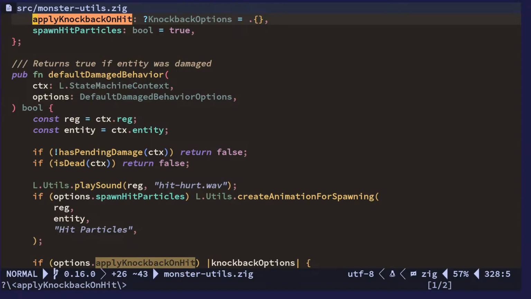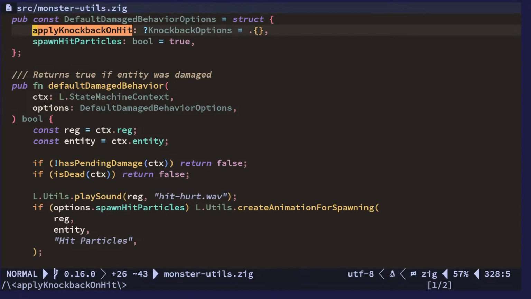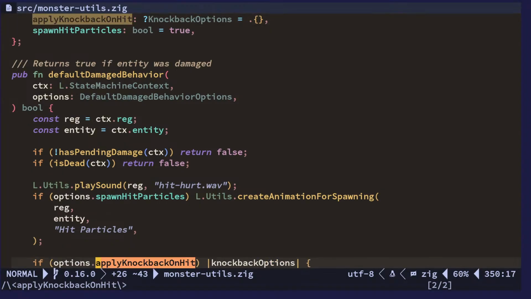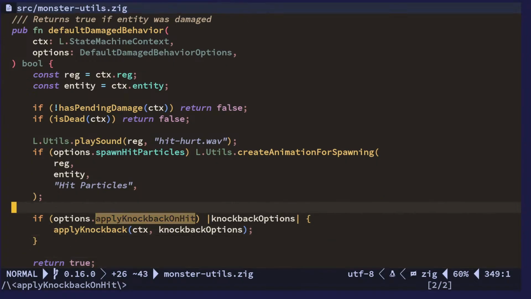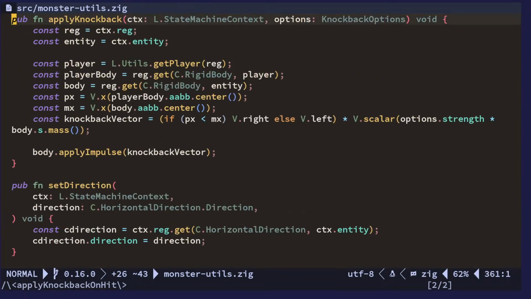This option turns knockback on. So if the monster does not have this on, you cannot actually knock it back. Whenever the entity is damaged, you get a knockback. This is probably not how you're supposed to have it, because you want to have different types of damage. This is for all types of damage, but I guess that's going to be later. Probably we'll do something about that.